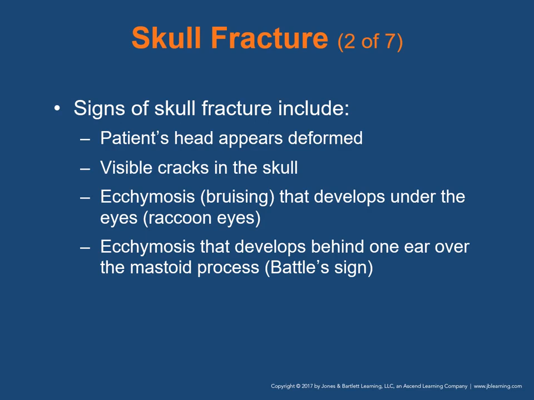Signs of skull fracture include the patient's head appearing deformed, visible cracks in the skull, ecchymosis, which is bruising that develops under the eyes, called raccoon eyes, or ecchymosis that develops behind one ear over the mastoid process, which is Battle's sign.